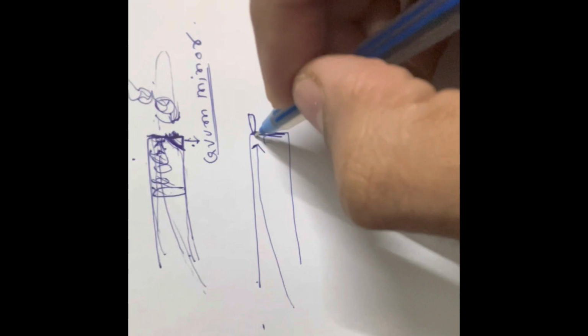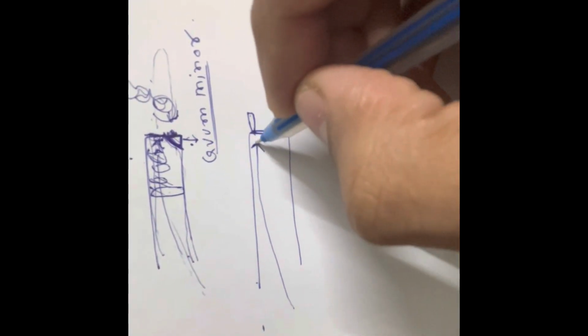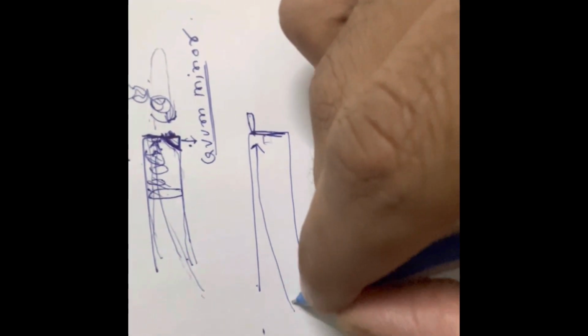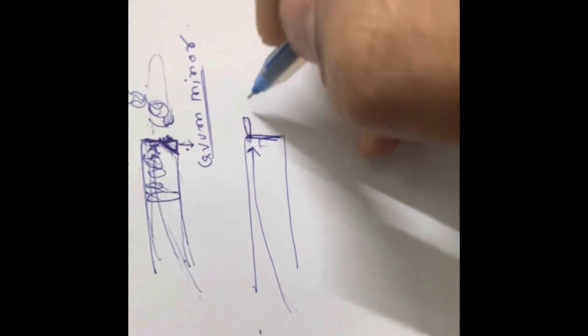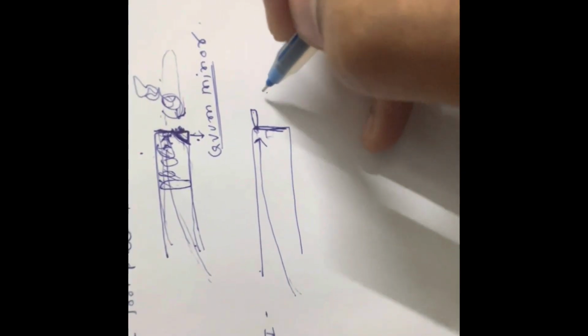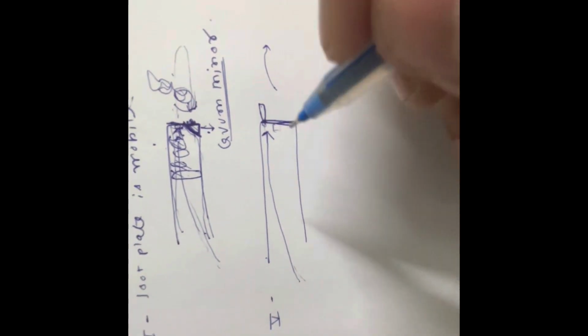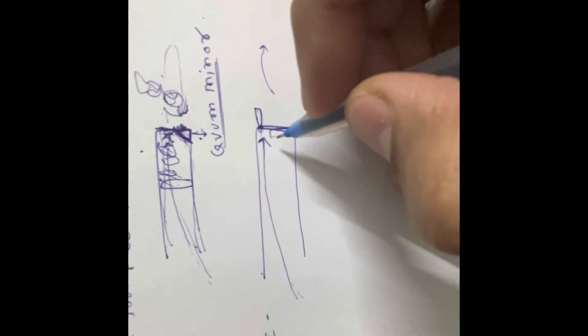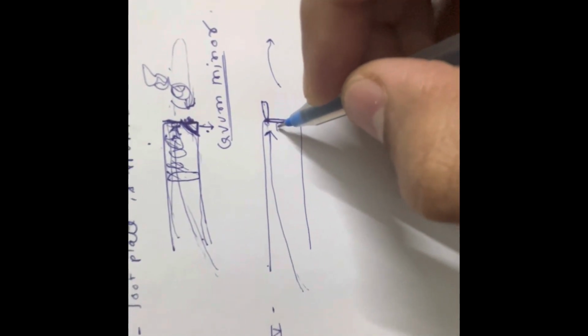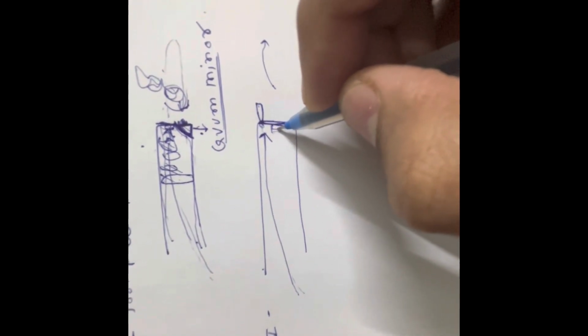We will create a window here so that we can allow the sound waves from the environment to directly strike this area, so that vibrations can be created in the cochlea and thus sound can be produced. But remember guys, here the footplate of the stapes is not removed.